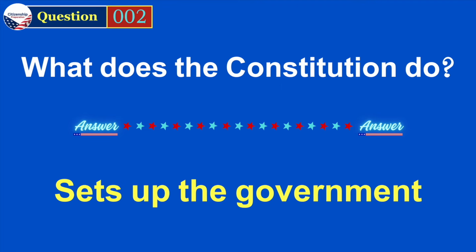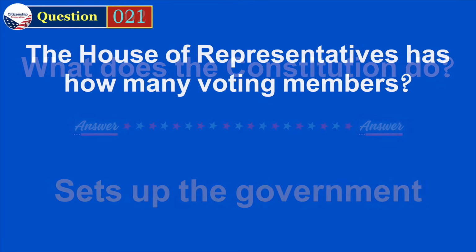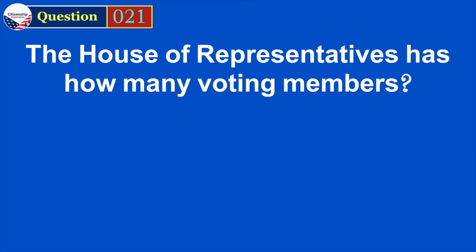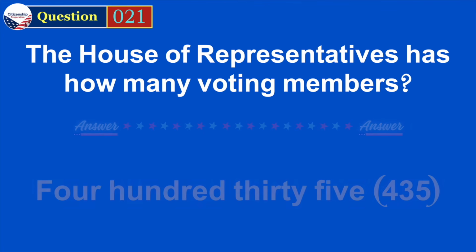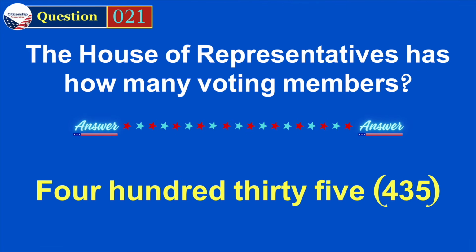Sets up the government. The House of Representatives has how many voting members? 435.